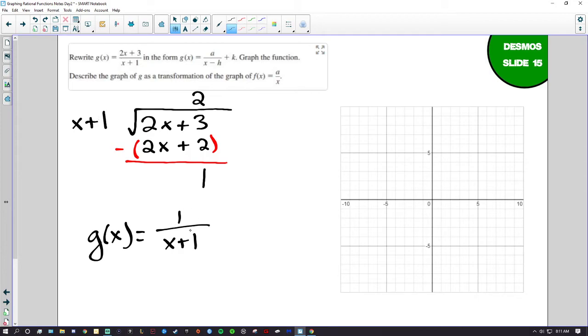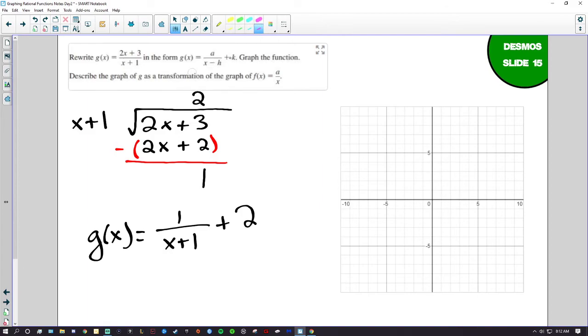So 1 over x plus 1, and look, that looks a lot like a over x minus h. And then we know that we could easily fit 2 x plus 1s into 2x plus 3, so we add that 2 on to the end. And now we have a rational function that's in the form of a over x minus h plus k.